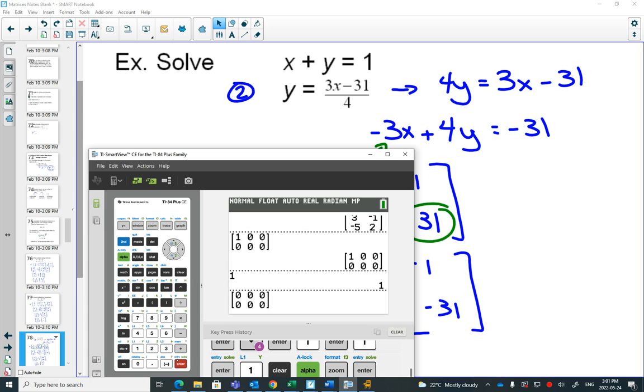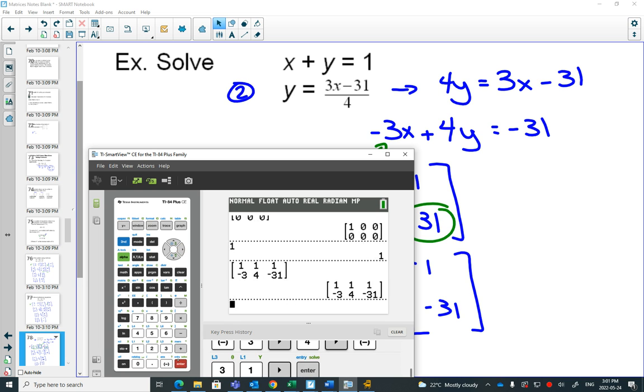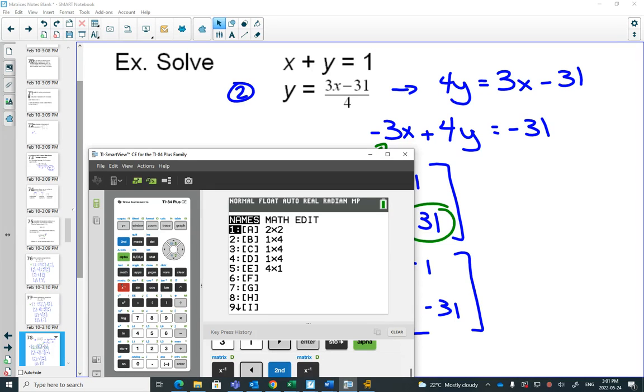Try that again. 1, 1, 1, and negative 3, 4, and negative 31. I'm going to take that and store that as second matrix A.